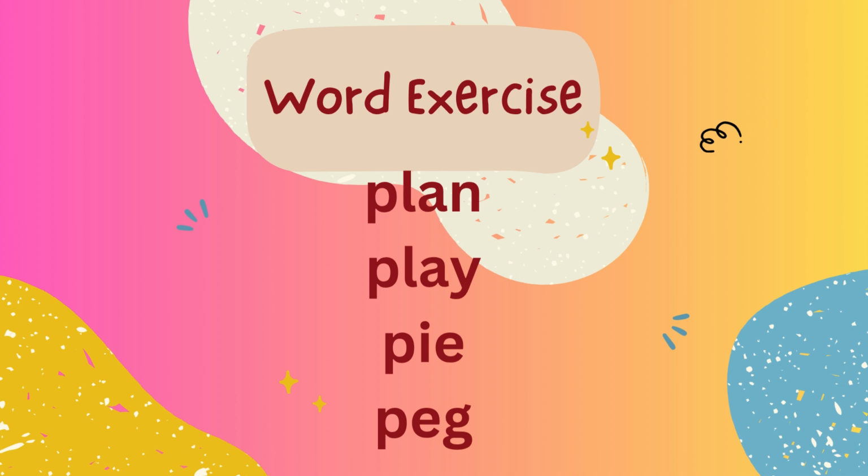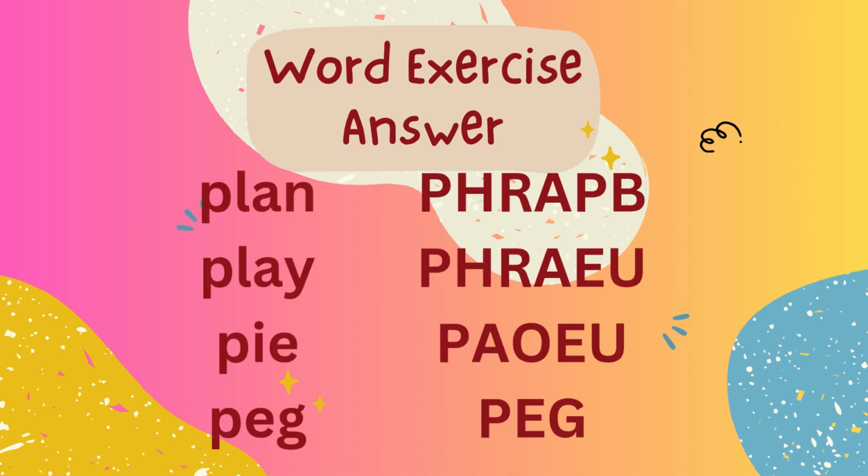1, 2, 3. Okay, I hope that you're able to comment your answers below. So here are the word exercise answers. This is what we are looking for. Plan: initial P, initial HR, vowel A, and final PB.